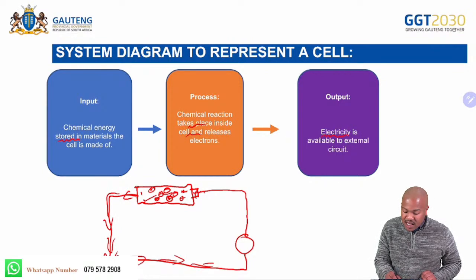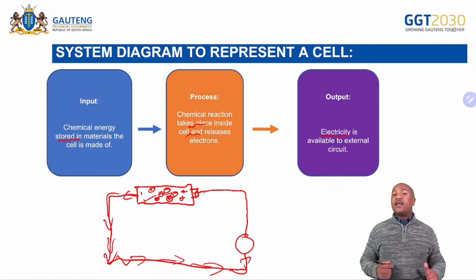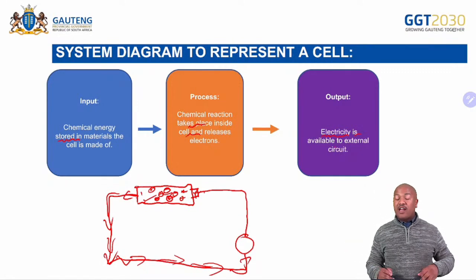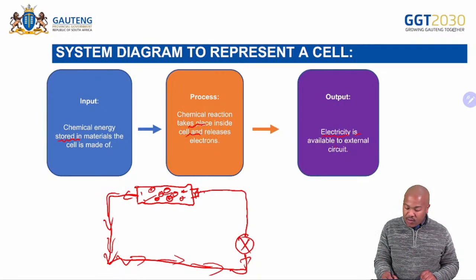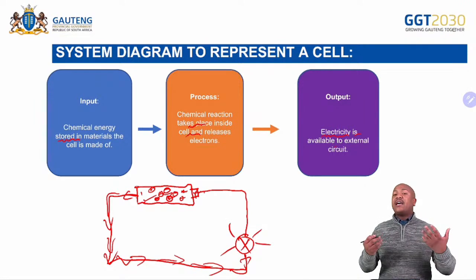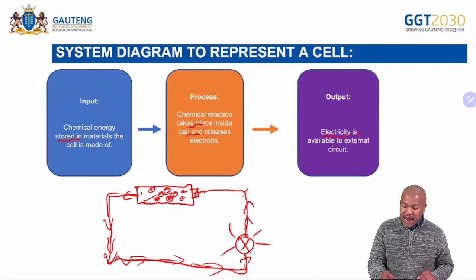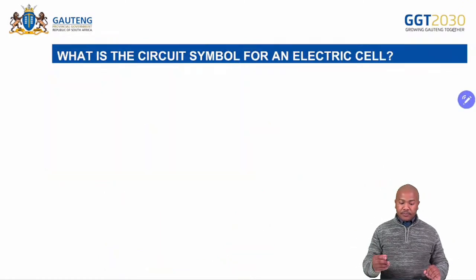So what happens as they move here? There's going to be what? Electricity. Hence it says electricity is available to the external circuit. As it moves through the conducting wire, it's going to light up the light bulb. And we have electricity. But we'll talk more about that in the following slides.